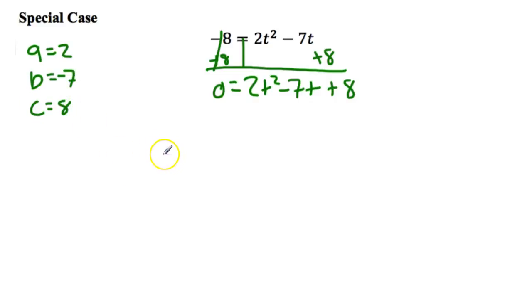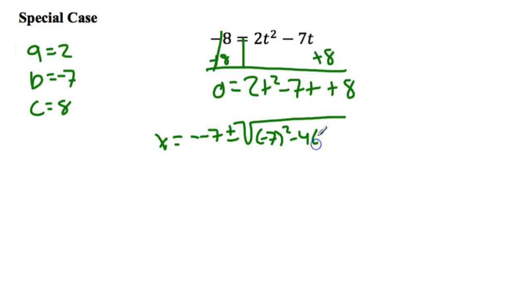Stick that bad boy in the formula. X equals negative B, so negative 7 plus or minus the square root of negative 7 squared minus 4ac. The A is 2, the C is 8. All over 2a, all over 2 times 2.